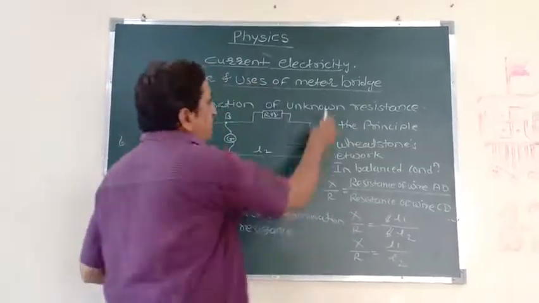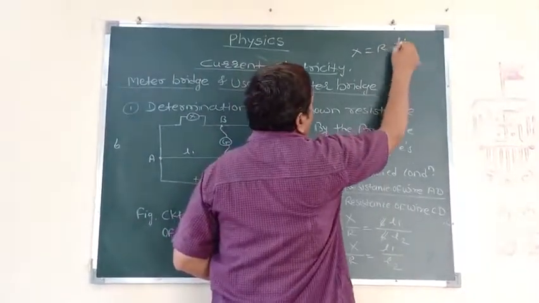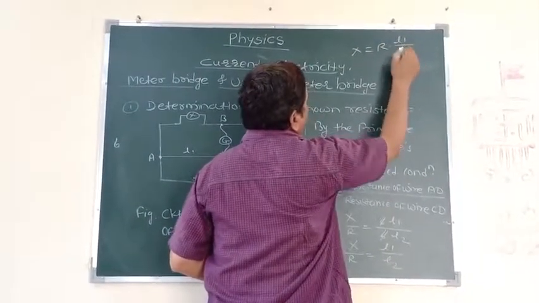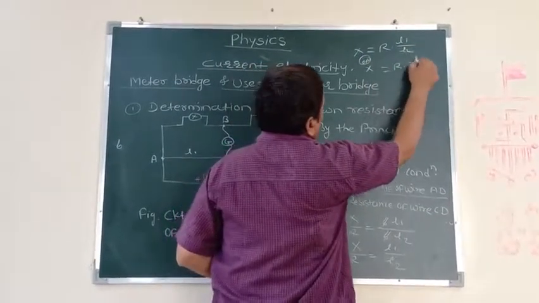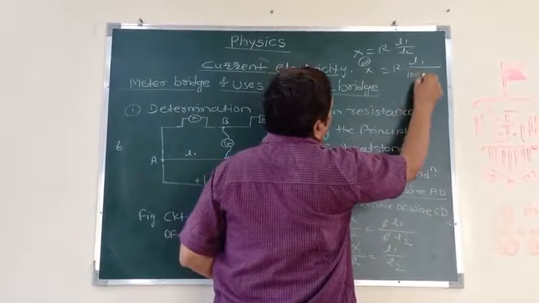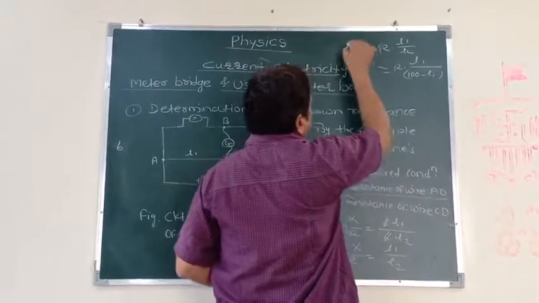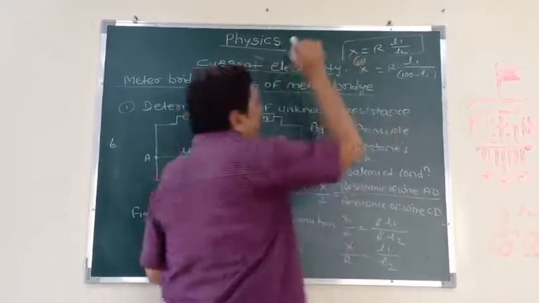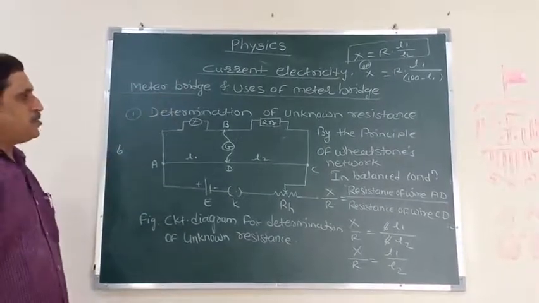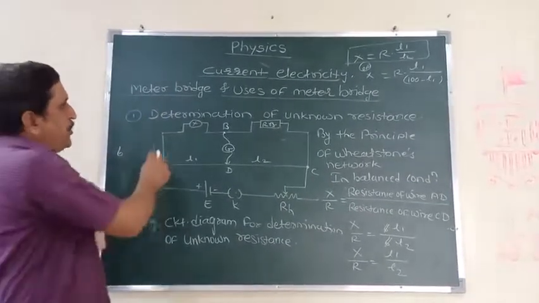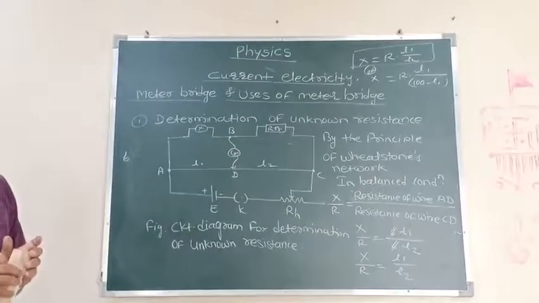And finally, we can write X is equal to R into L1 divided by L2, or X is equal to R into L1 divided by 100 minus L1. This is the equation for determination of unknown resistance by using meter gauge, or Wheatstone's meter gauge. That means we can determine unknown resistance by using meter gauge concept.